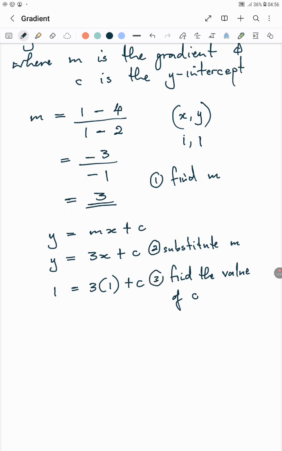Part 3, find the value of c by substituting x and y. So now here you're going to have 1 is equal to 3 plus c, and 1 minus 3 is equal to c, which means minus 2 is equal to c.